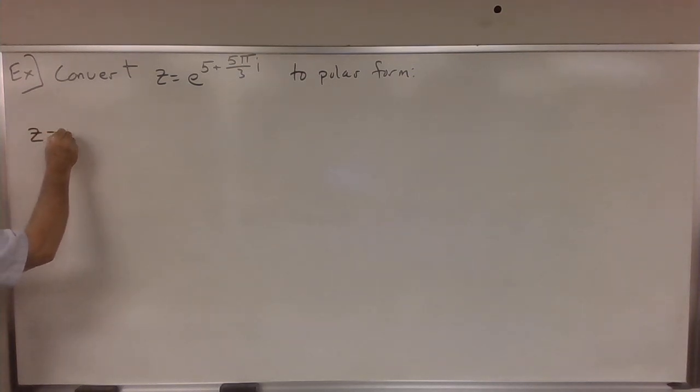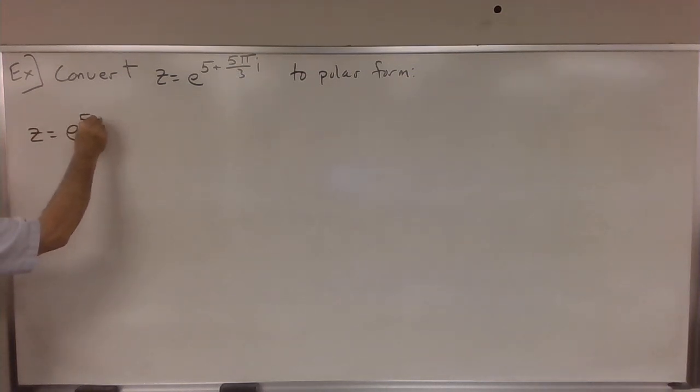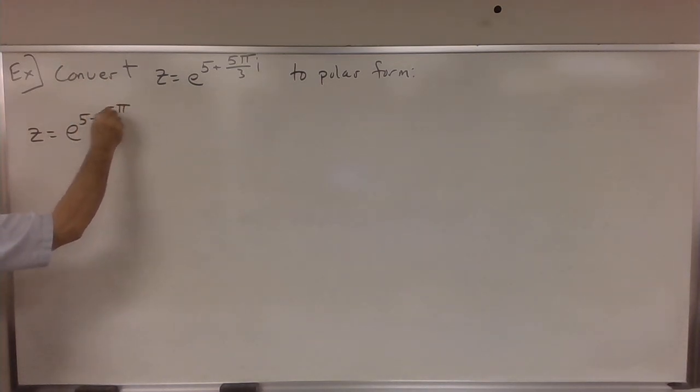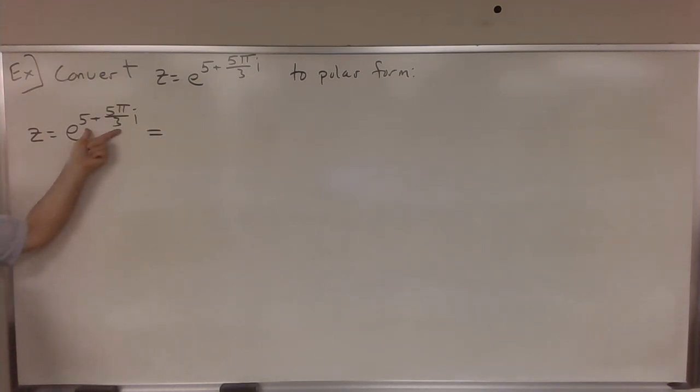Okay, let's see what we got here. z equals e to the 5 plus 5 pi over 3 i. We have e to the power of the sum of two numbers.